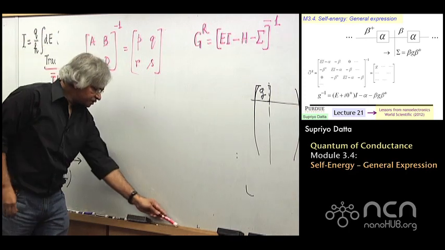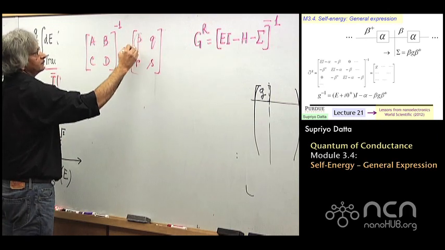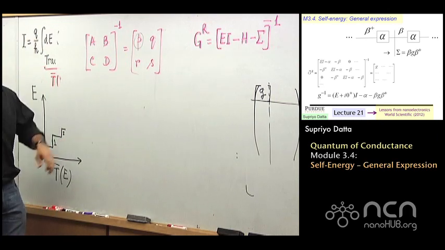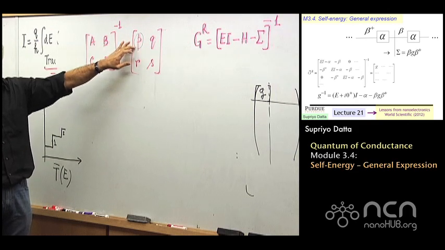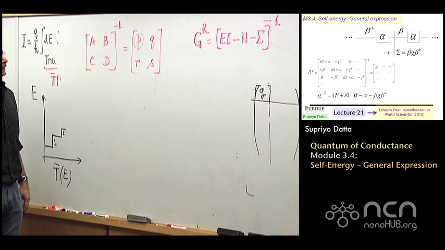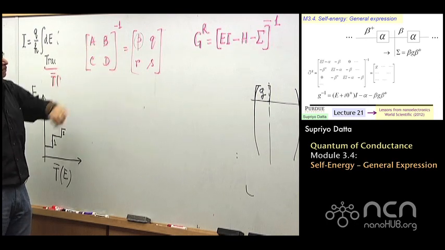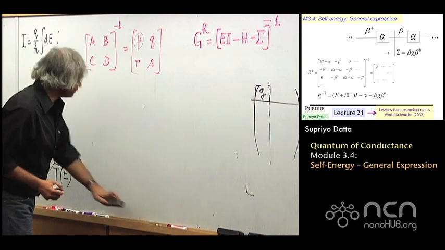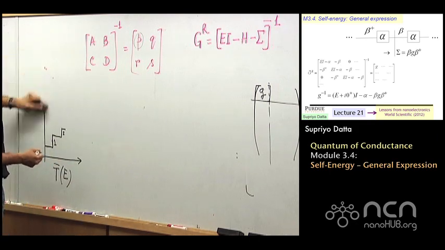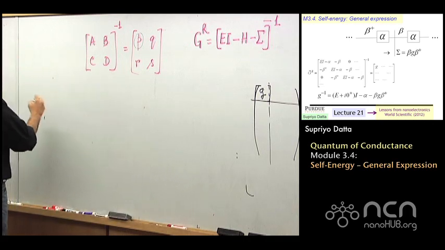Now, suppose I really don't want this full thing. I'm just interested in that element, not the rest of it, just that much. Then the point is that you could obtain P in the following way. Let me write that result here. This is not obvious, but I'll show you in a minute.